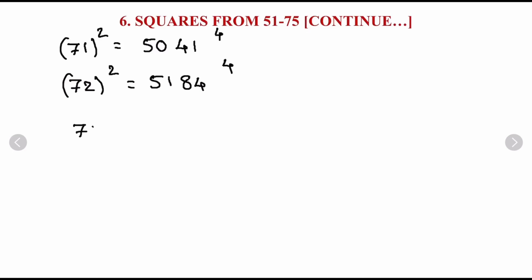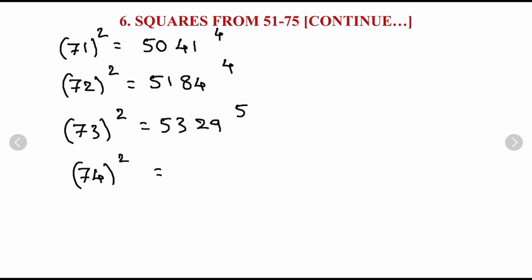If it is 73 square, how much more than 50? 23. 23 square, 529, so 5 carry forward. So 25 plus 23, so 48 plus 5, 53. If it is 74 square, how much more than 50? 24. 24 square, 576, 5 carry forward.